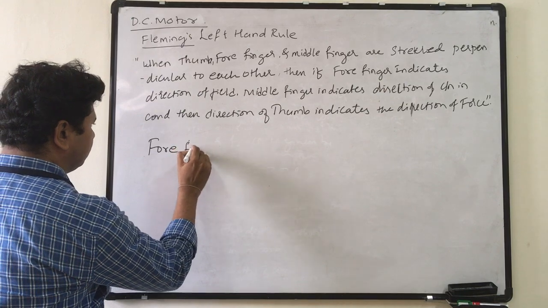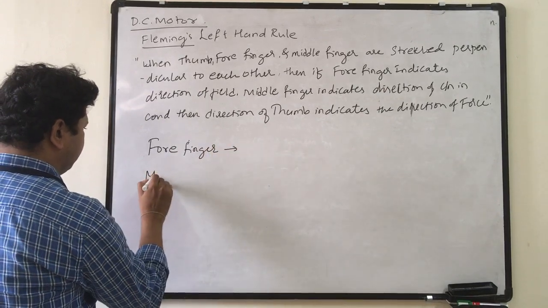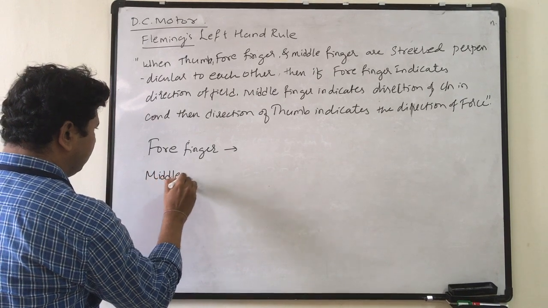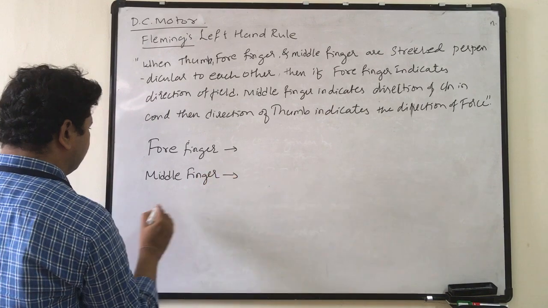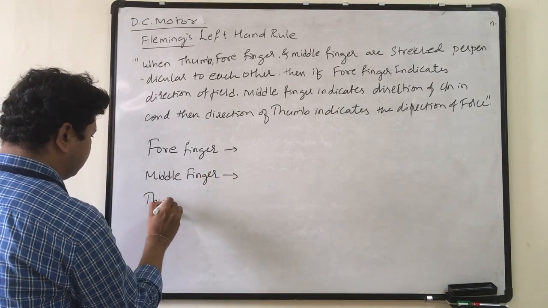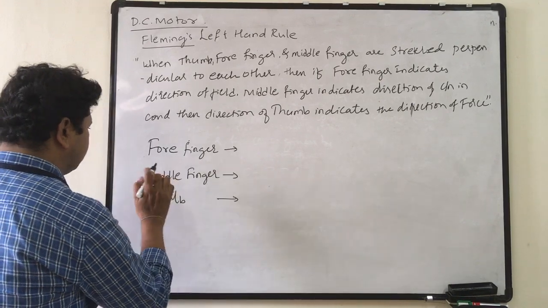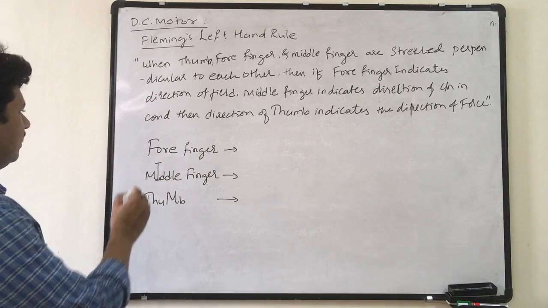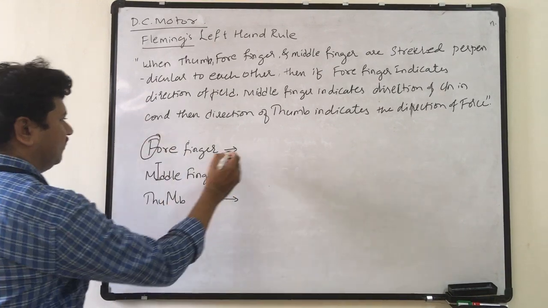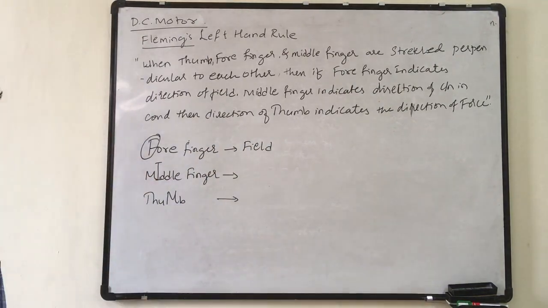I have three fingers: forefinger, middle finger, then thumb. Middle finger, forefinger, F for field. This is for both the right hand rule and the left hand rule.